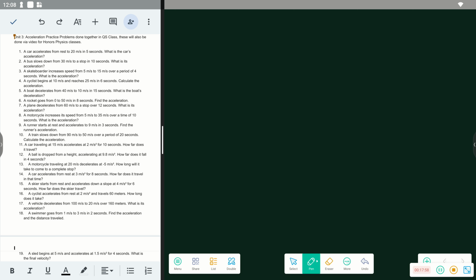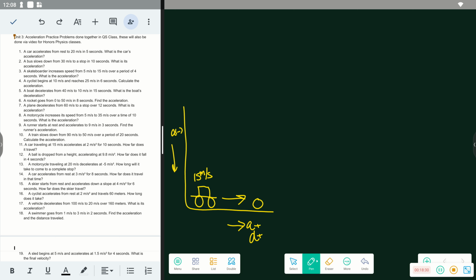So a car's traveling. It starts at 15 meters per second, moving this way, and it's accelerating for 10 seconds. So it comes to here.